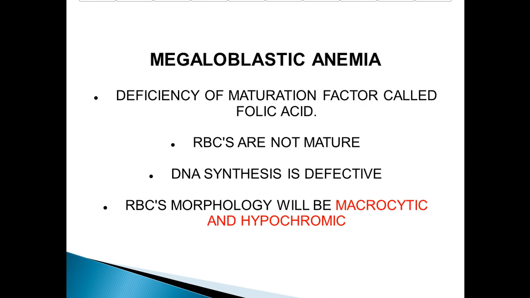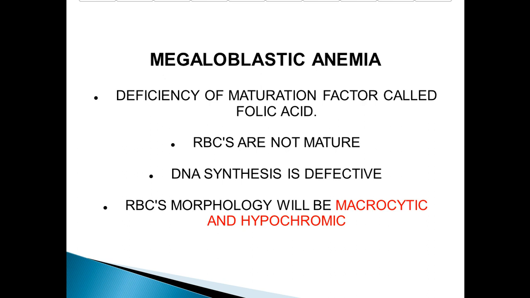So if there is folic acid deficiency, DNA synthesis is defective, and RBCs cannot mature, so they remain in the immature stage, that is the blastic stage. As you know, the immature stage has larger size, while the mature state, that is the erythrocyte, has smaller size. So the immature cells have larger size. That's why this anemia is called megaloblastic. Mega means large.